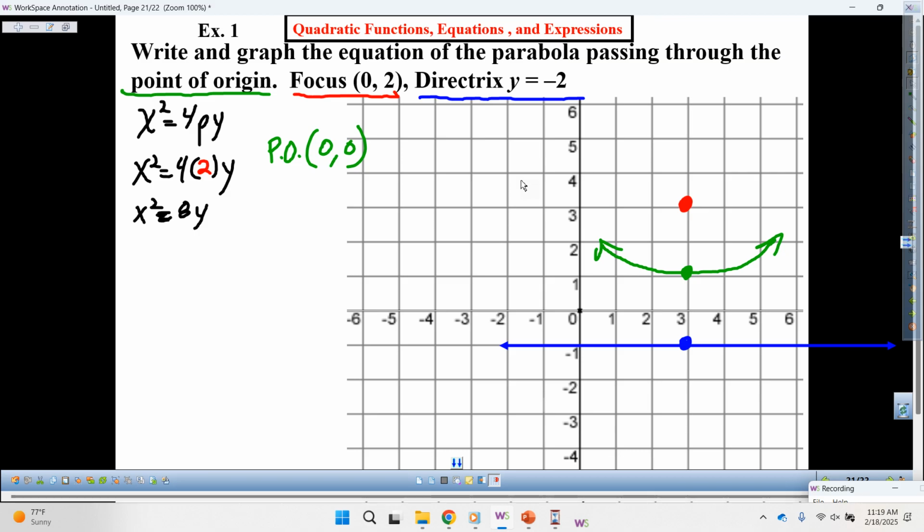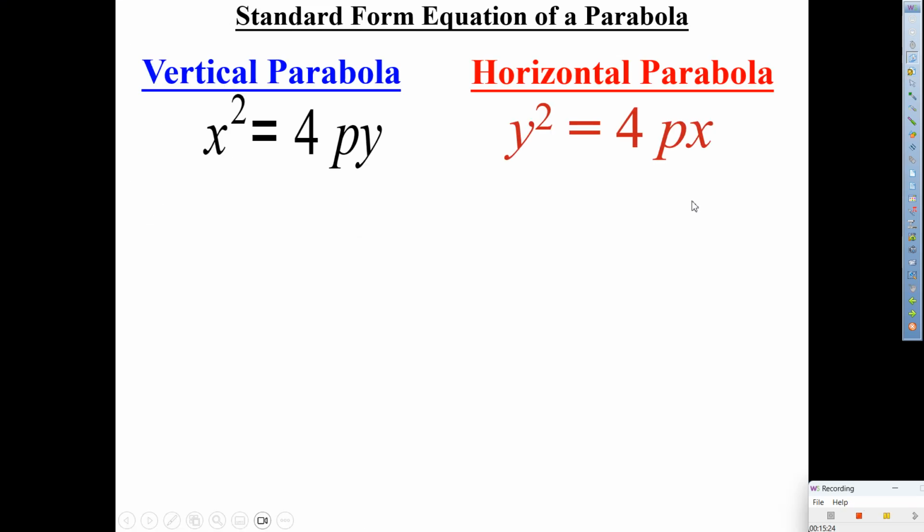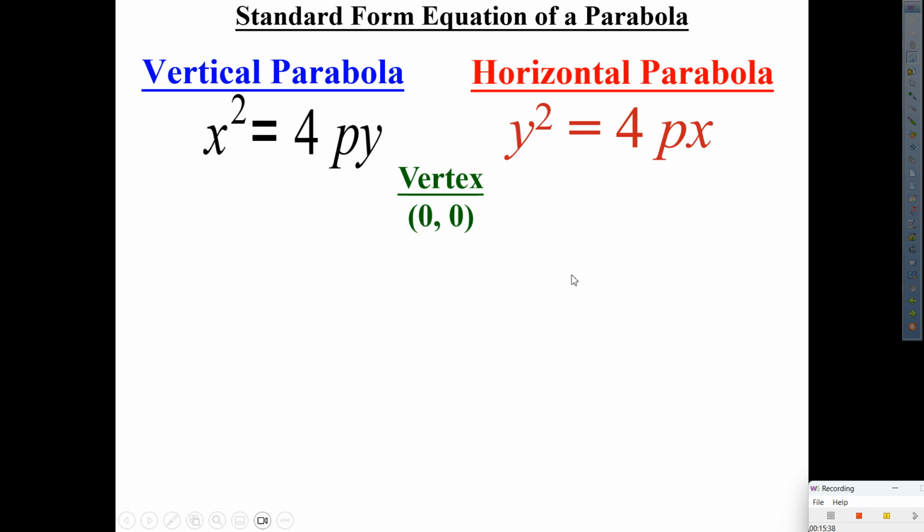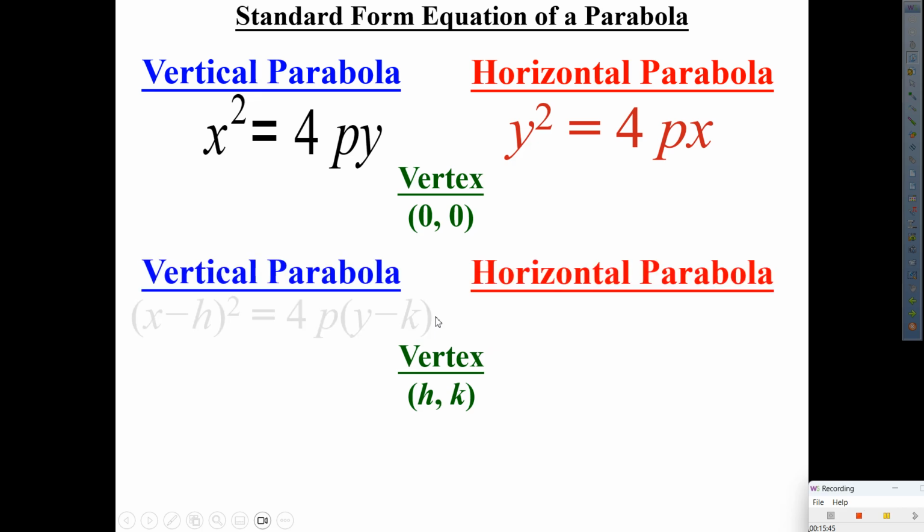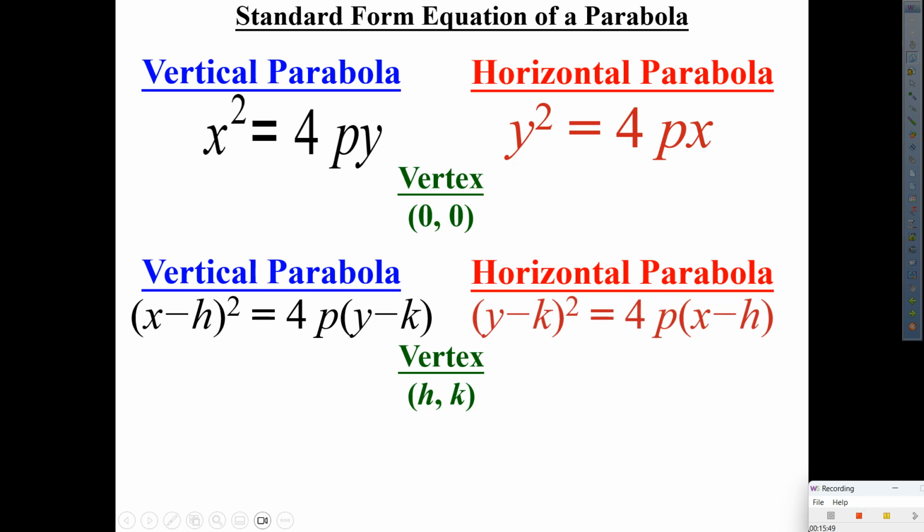That's why you're going to close your Chromebooks and look up. So these two work with the vertex at what? Or the parabola passing through what? 0, 0. So today, we're going to use a similar formula, which looks like this whenever the vertex is not 0, 0. Copy those, please. Those are our two new formulas for today.